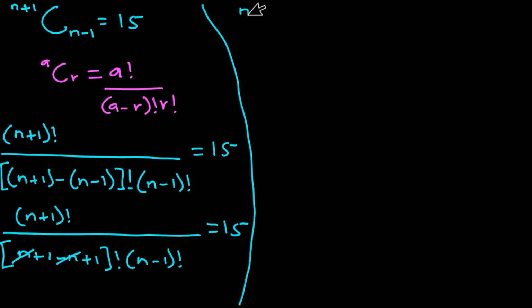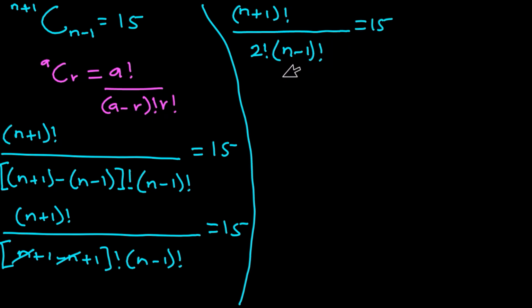So we have (n plus 1) factorial over 1 plus 1 is 2, so we have 2 factorial times (n minus 1) factorial, and this is equal to 15, right? So I'm going to subtract 1 from this till I get to this one.